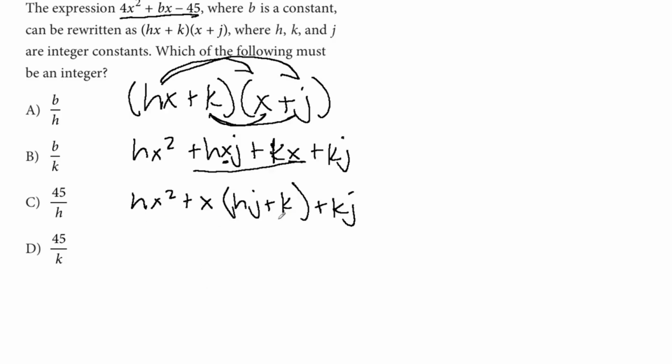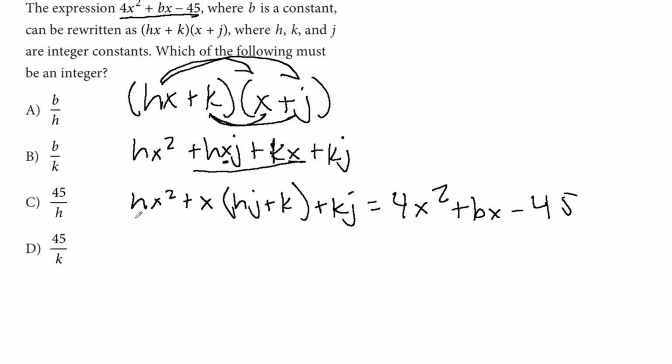Now, this here is just rewritten, but it is equivalent to that. So I'm going to put that expression to the right here because they're basically equal to each other: 4x squared plus bx minus 45. If you look at the two here, they're basically lined up with each other.